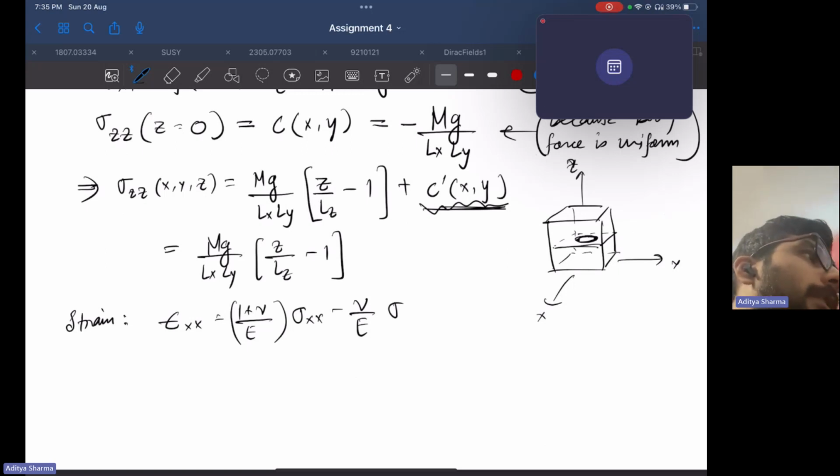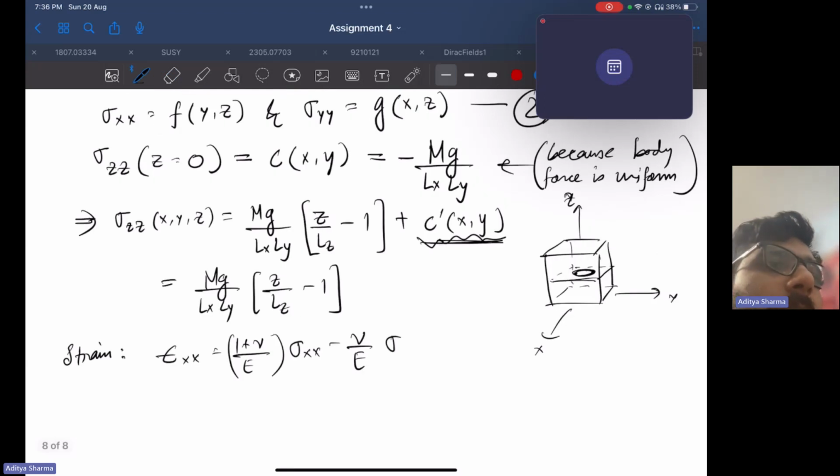So epsilon xx is equal to σxx minus... Now the stress is only in this direction.